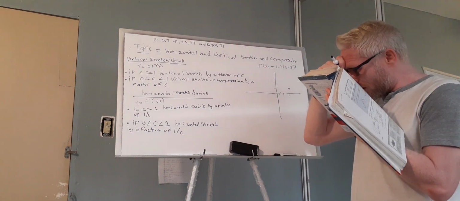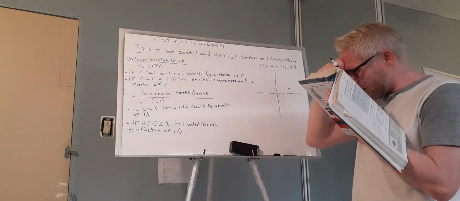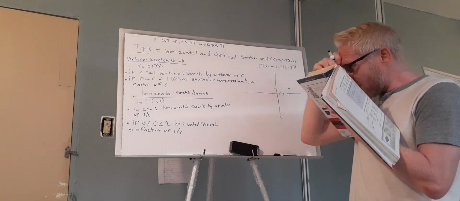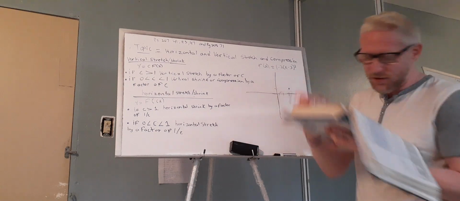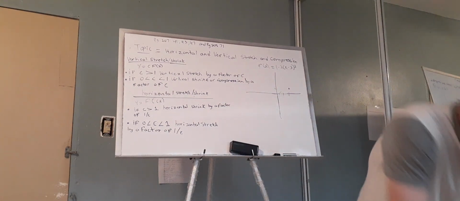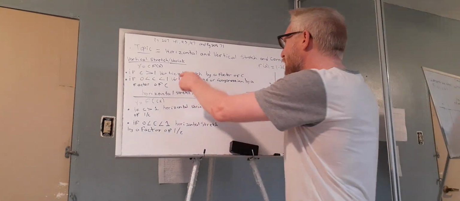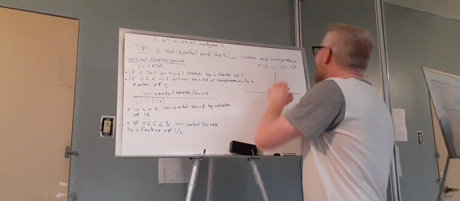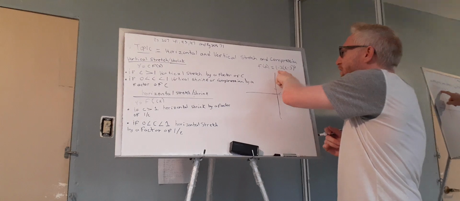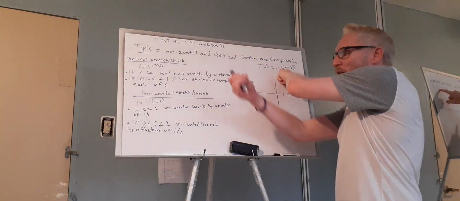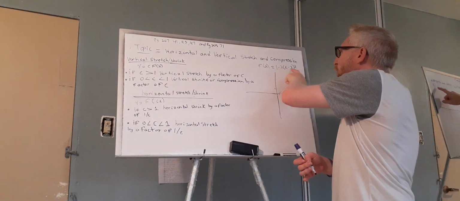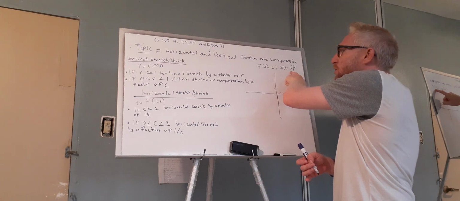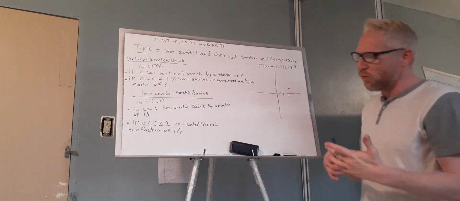And we also have a vertical stretch by a factor of 2. So we have a reflection because there's a minus sign. We have a vertical stretch by a factor of 2. We have a horizontal shift of 3 units to the right and a vertical shift 1 unit up.